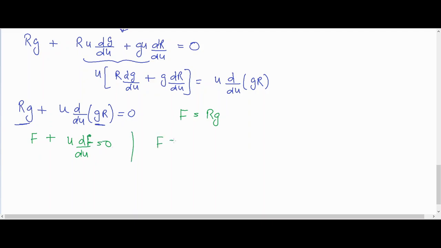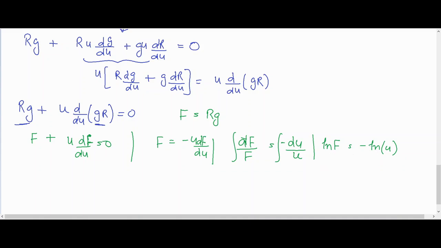So we will have f is equal to minus u df by du, and then we have df by f is equal to minus du by u. Integrating both sides, we will get ln f is equal to minus ln u.